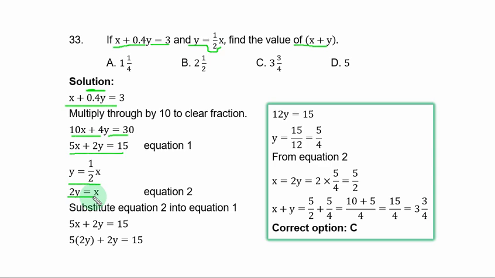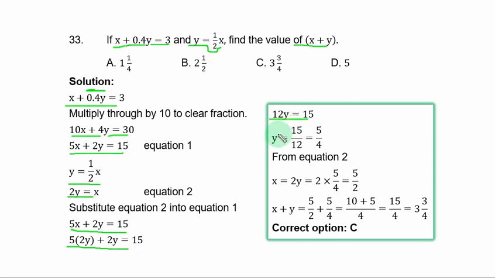In equation 2, s is already standing alone. So let us substitute equation 2 into equation 1. This is equation 1. Anywhere you see s, replace it with 2y in this form, and you have 12y, that is 5 times 2y, 10y plus 2y, you have 12y equal to 15.